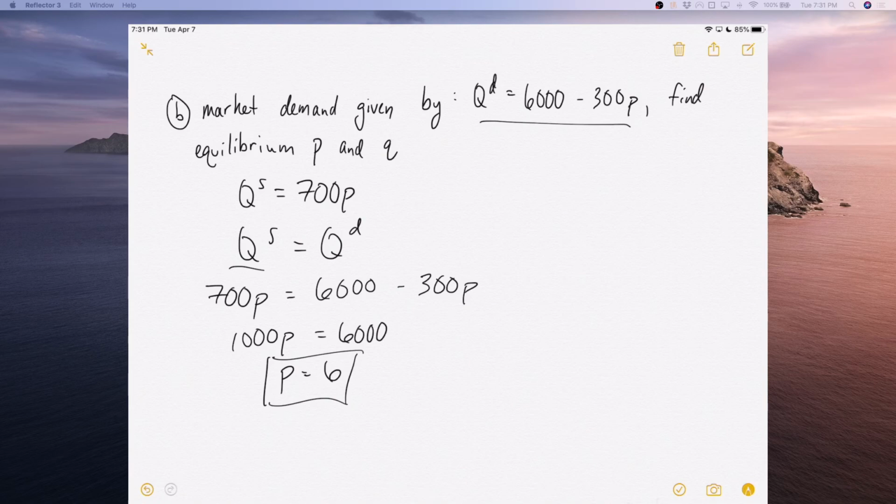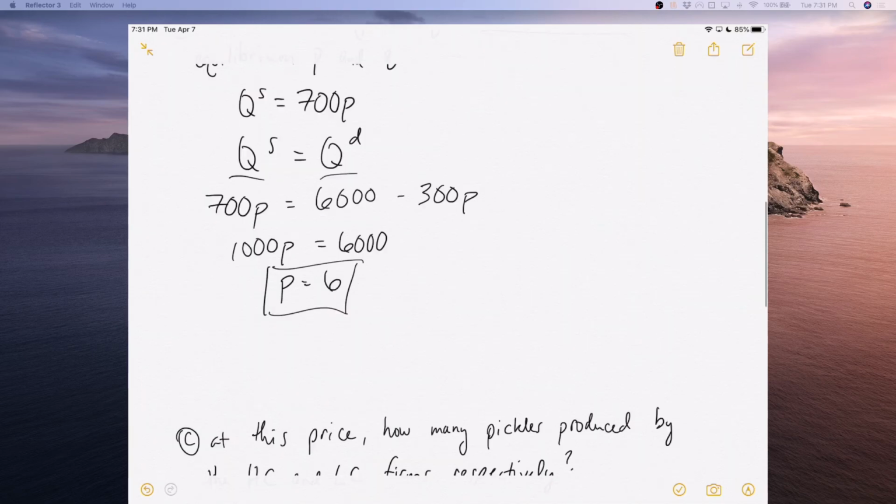It doesn't matter which one, you should get the answer to be the same for both. Let's plug it into QS at first. So QS equals 700Q, which equals 700 times 6. So QS should equal 4,200.